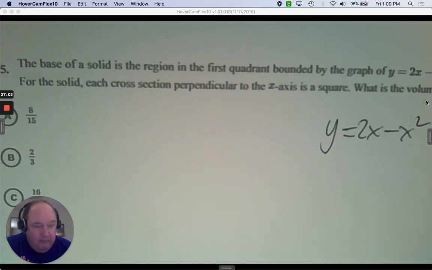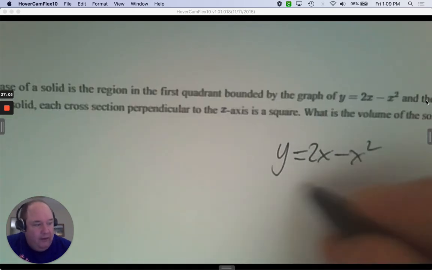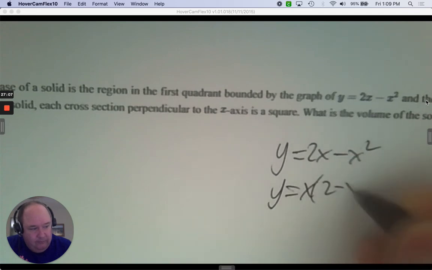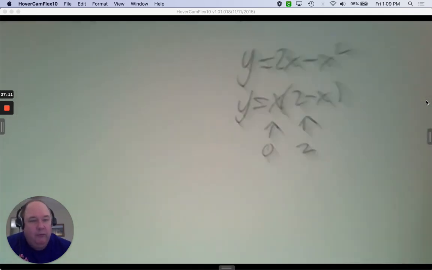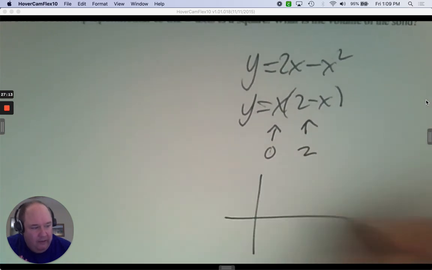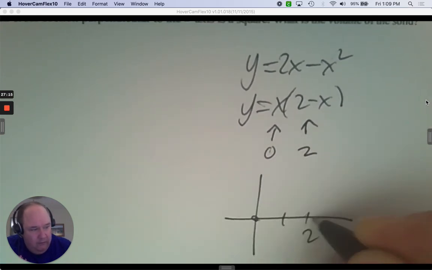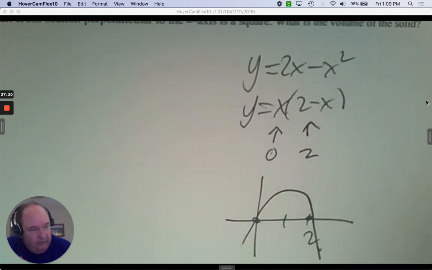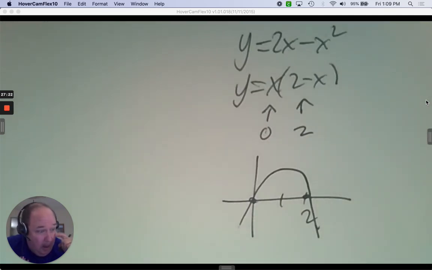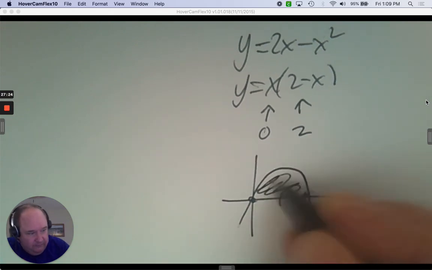What's the volume of the solid? So I'm going to factor this and recognize that the two x-intercepts, which will be important to me, are 0 and 2. And then when you graph this, you're just looking at the first quadrant from 0 to 2.